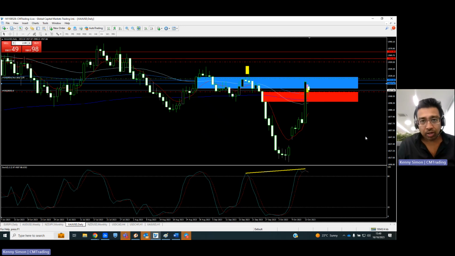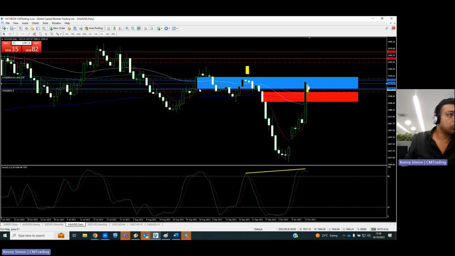A lot of traders would ask, do we buy or do we sell? At this moment it's a no trading zone, because it's very unpredictable, as it's not in the blue zone or the red zone. The blue zone only starts at 1920s and above, so 1925 would be better for you to look at.